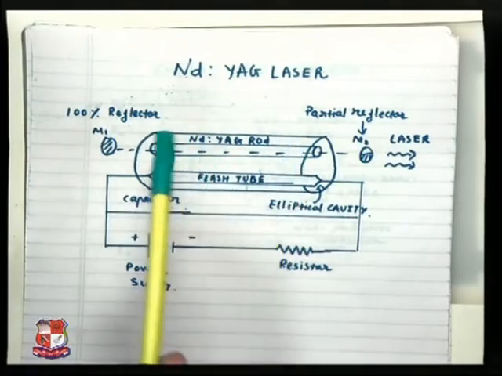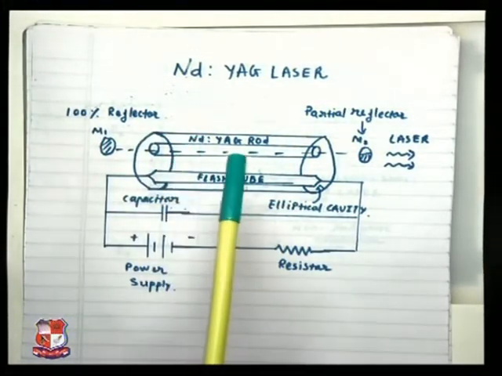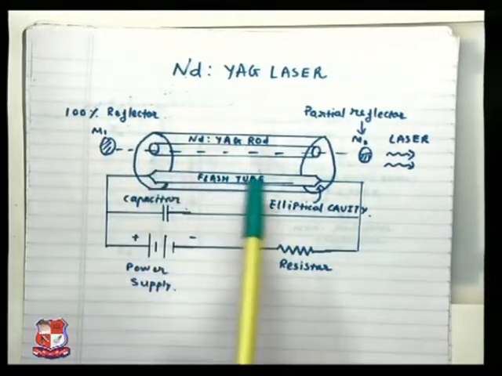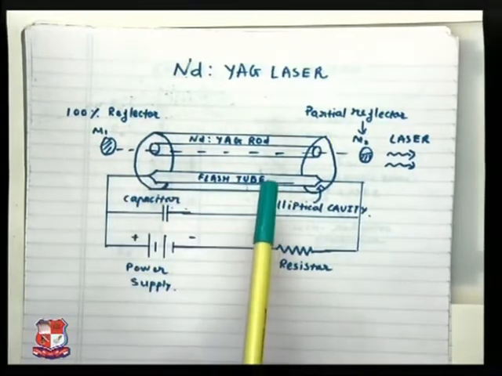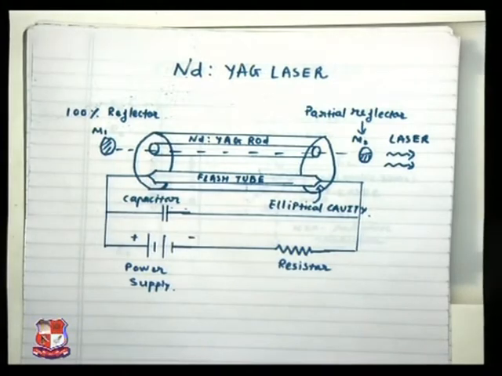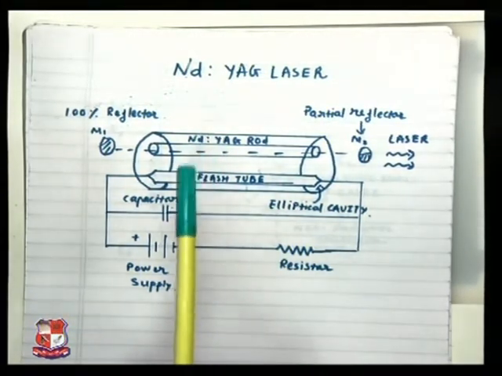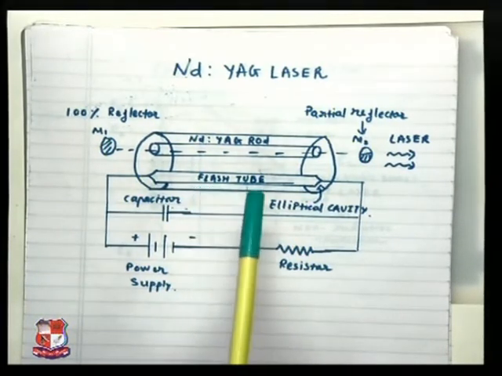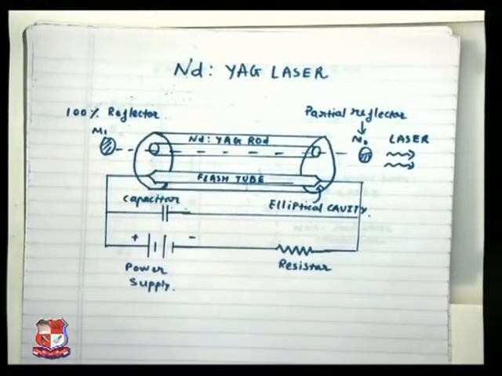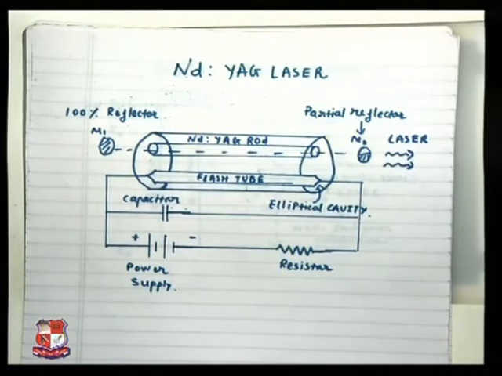The Nd:YAG rod is placed inside the elliptical cavity along with a flash tube. The flash tube works as the pumping medium; the excitation of the neodymium ions is done with the flash tube, which is the optical pumping source.